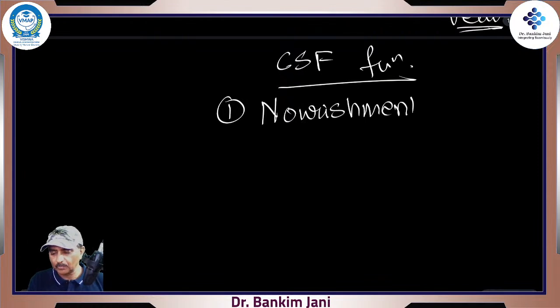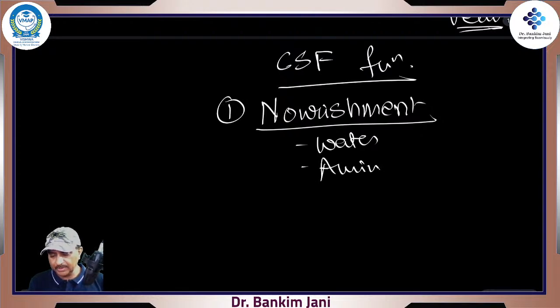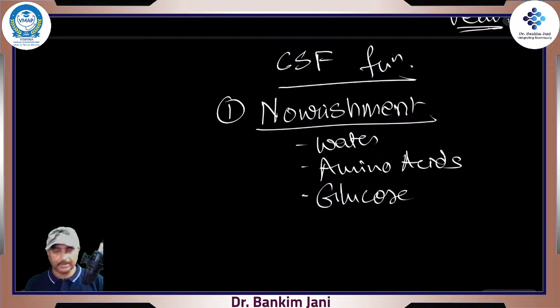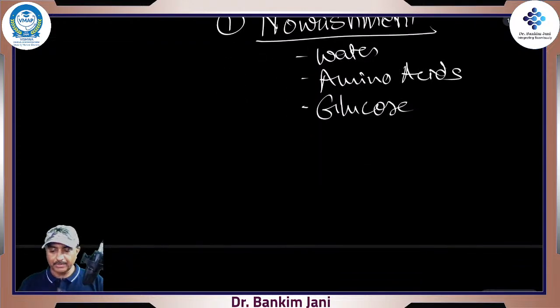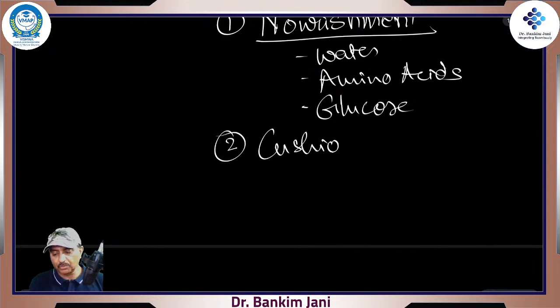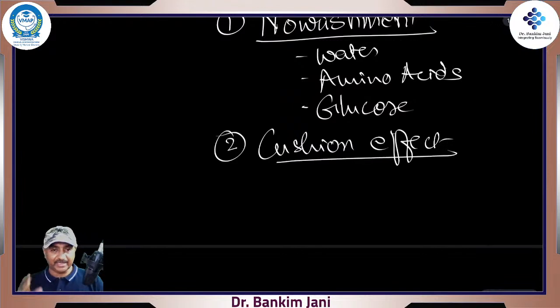So it gives water, amino acids, then glucose, how can we forget that, and so many things will be given. Second, cushion effect. So important, when there is head injury, this cushion effect will be taking care of it.